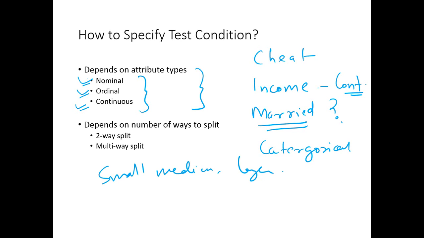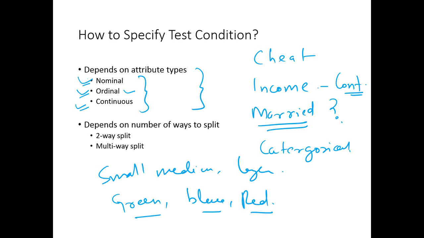In nominal, it could be different colors, green, blue or red, which you cannot order. And continuous, of course, is just a continuous value, which is different from nominal and ordinal.